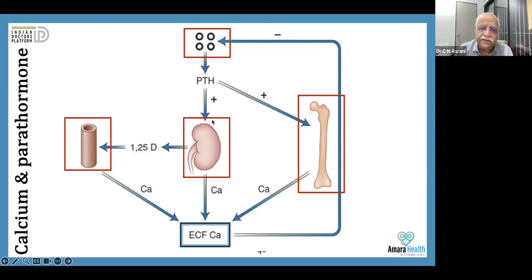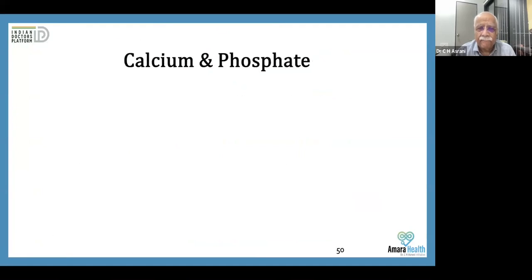It works on kidneys for directly increasing calcium reabsorption, and via kidney converting 25 vitamin D to 1,25, which in turn also causes calcium absorption in the intestine, and thus increasing calcium levels when there is low calcium level. So this is the feedback loop between parathormone and calcium.